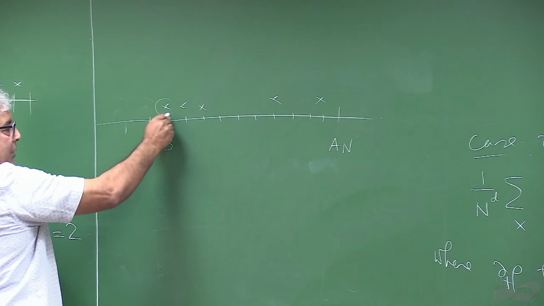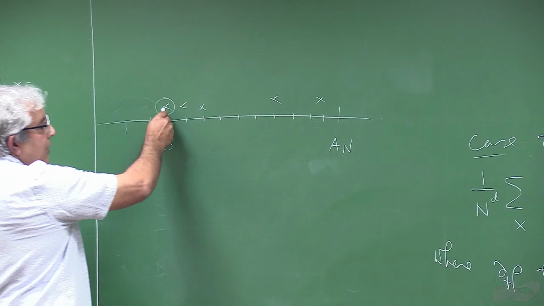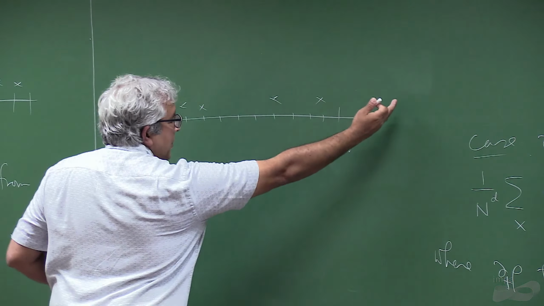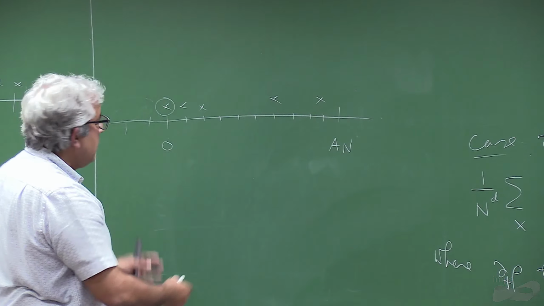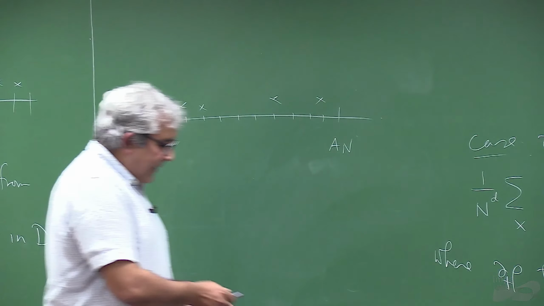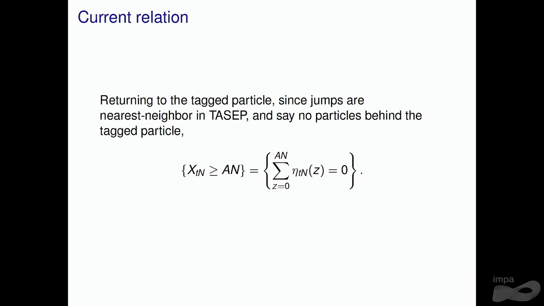So here's our tag particle. If this tag particle wants to get beyond a_n, that means that all of these have moved also beyond, and since there was nothing behind, this is the same event. So you're saying that there are no particles below a_n at this time, T_n.